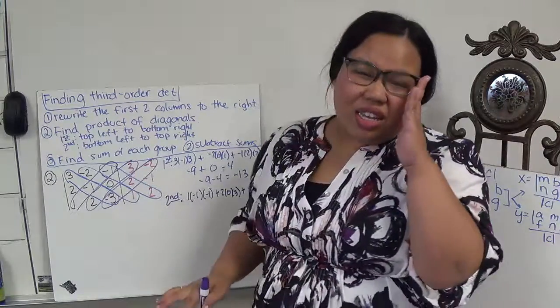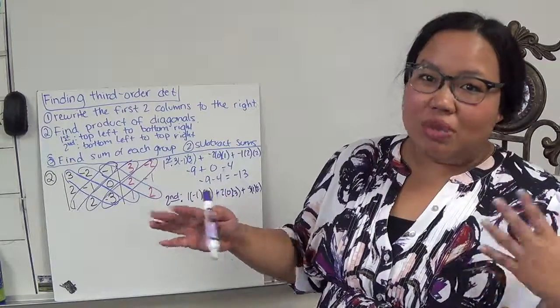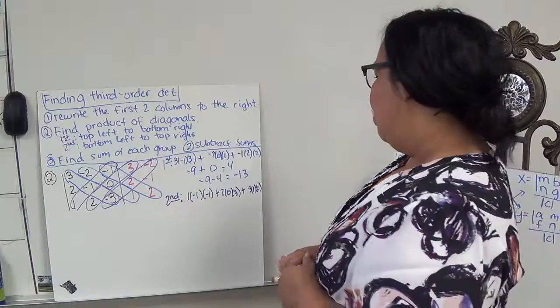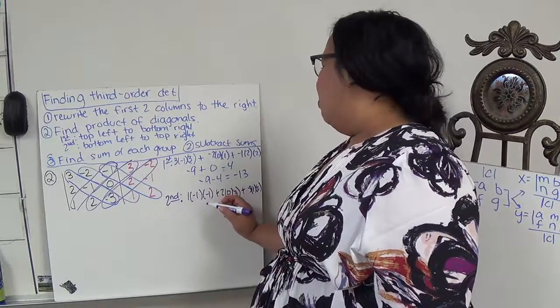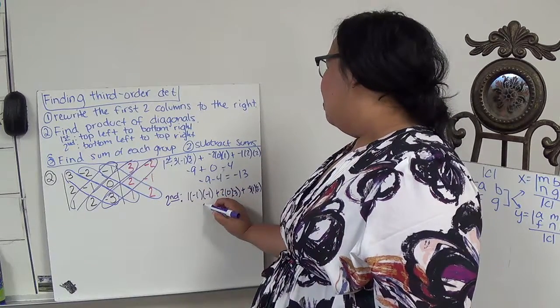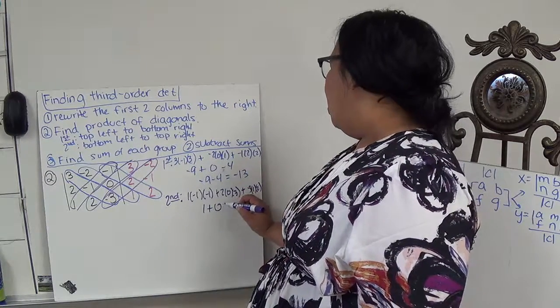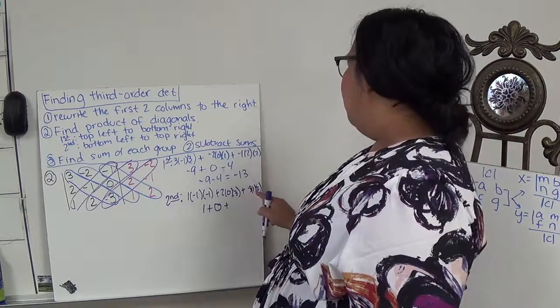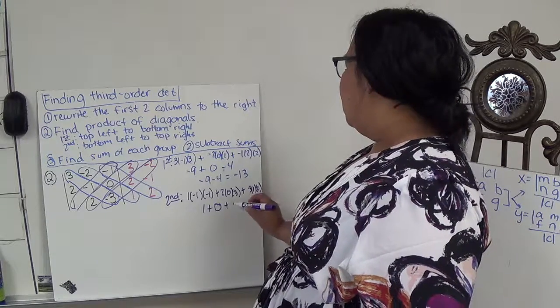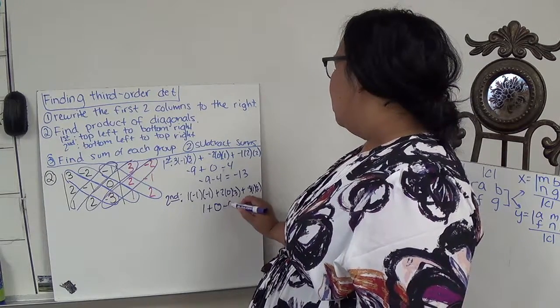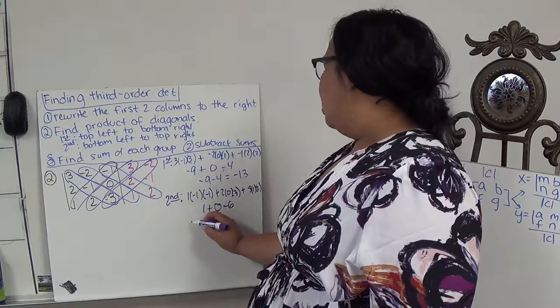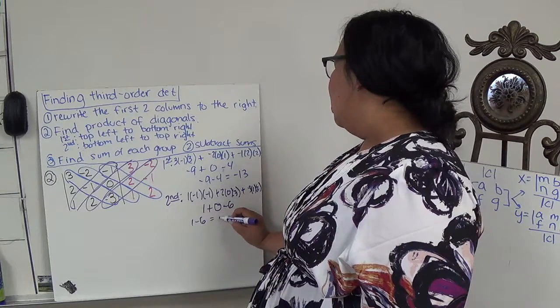You see the diagonals, a similar concept, but a lot longer than our 2 by 2. 1 times -1 times -1 is positive 1, plus 2 times 0 times 3 is 0, plus -3 times 1 times 2 is -6, which gives us 1 minus 6, which is -5.